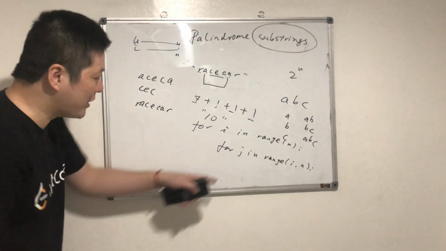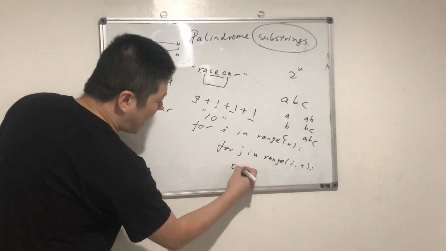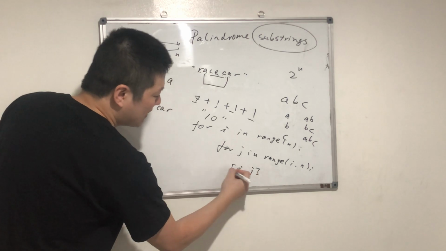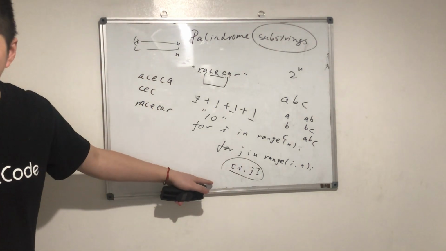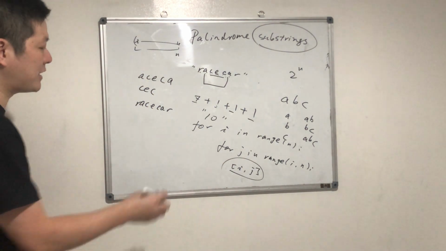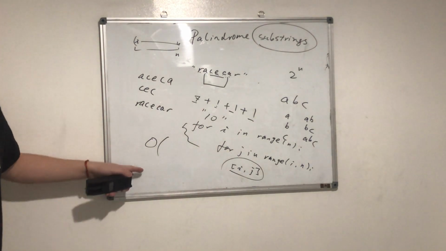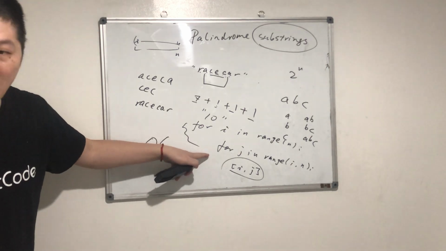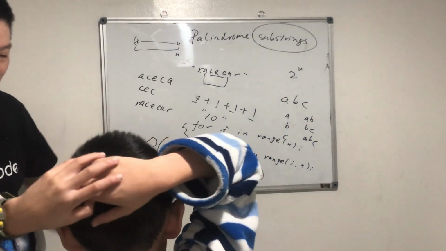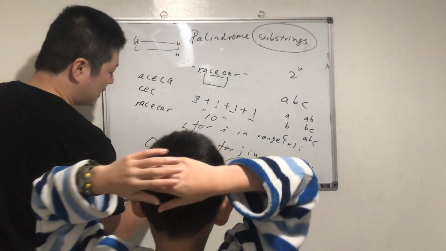Then we get a substring between i and j. So what's the time complexity of this? Two for loops, so n squared.